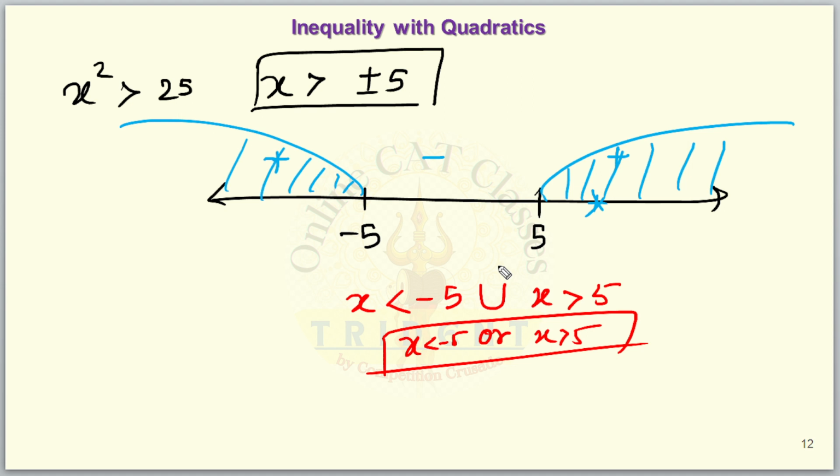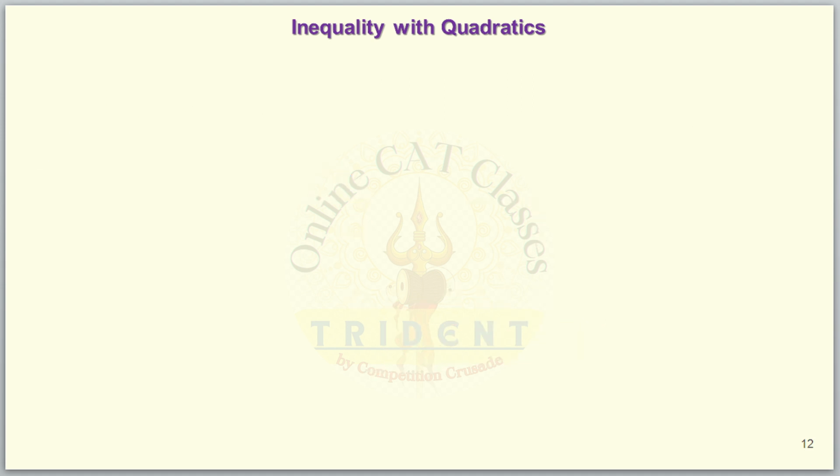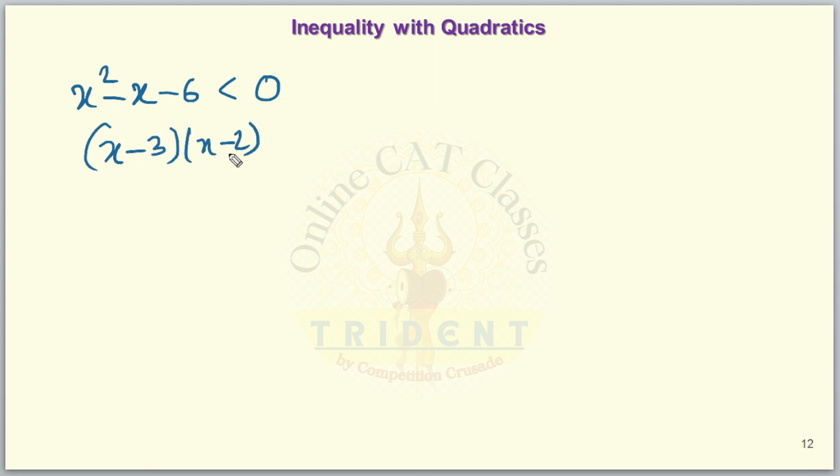Now let's try one more. This time, let's say we have the quadratic expression x square minus x minus 6, that is less than 0. Give me two numbers, the product of which is -6 and the sum of which is -1. Those two numbers will be x minus 3 and x plus 2. Factorization will help me with the critical points.